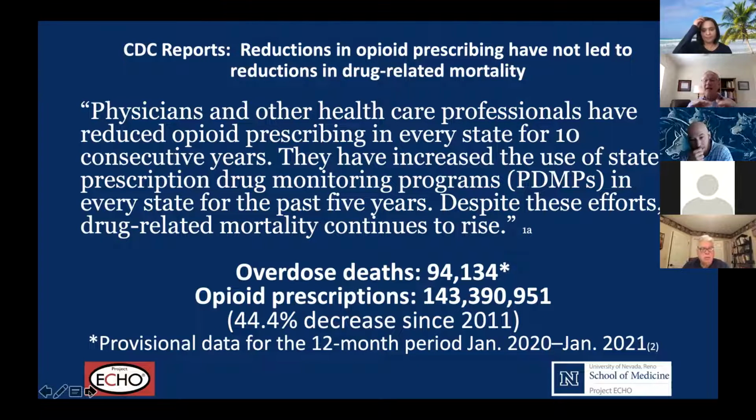So if we're reducing opioid prescriptions and looking at the PDMP, this problem is more widespread than it used to be, because we've been doing this for over 10 years, and overdose deaths are now 94,000, which is a 30% increase from last year, which was also an increase. And these are record-breaking numbers of people who are dying of overdose.